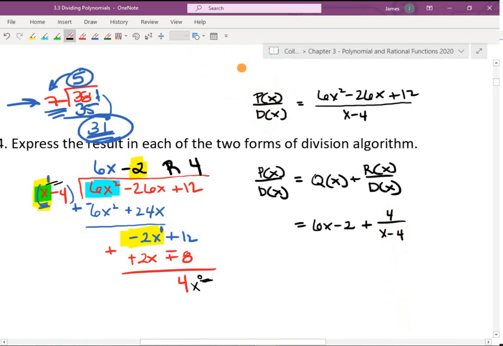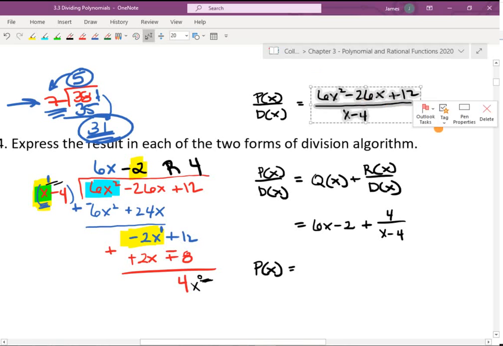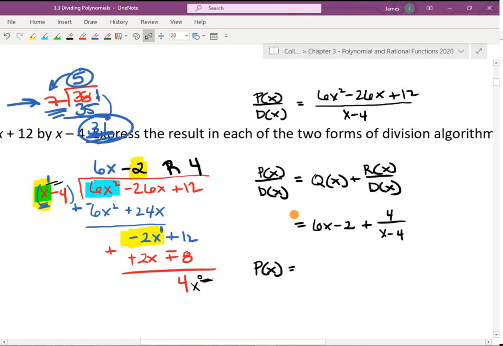Now, they may ask us to write it as just P of x. Well, let me kind of move some stuff around here.